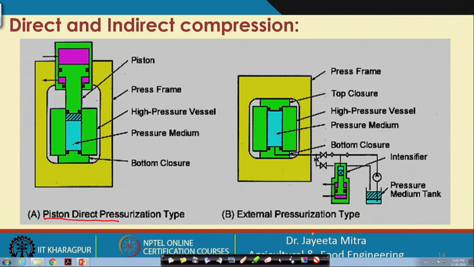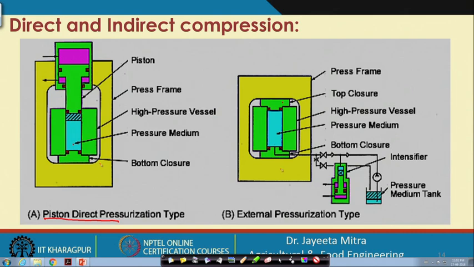There is another system, which is the external pressurization or indirect type system. Here the geometry is a bit similar: we have a press frame, a top closure and a bottom closure. In the previous one we had only the bottom closure because the piston comes from the top, and that direct system has the intensifier within the chamber.